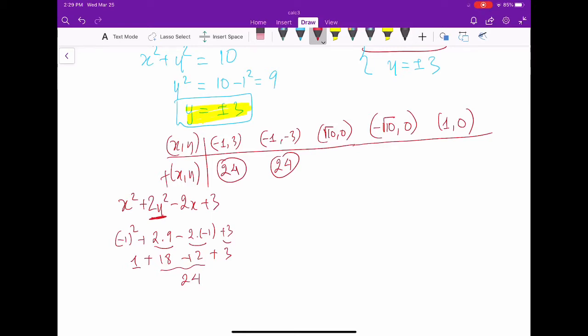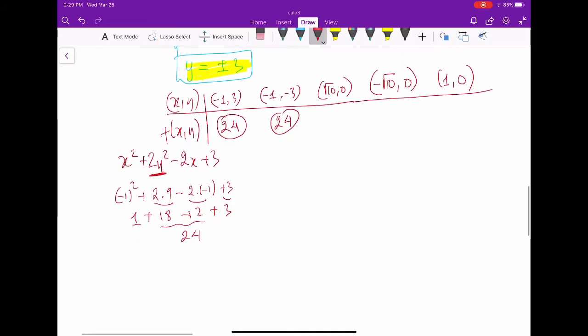At (square root of 10, 0), y is 0, x is square root of 10. You get 10 minus 2 square root of 10 plus 3. Just calculate this number. So I would write here just 13 minus 2 square root of 10, okay?